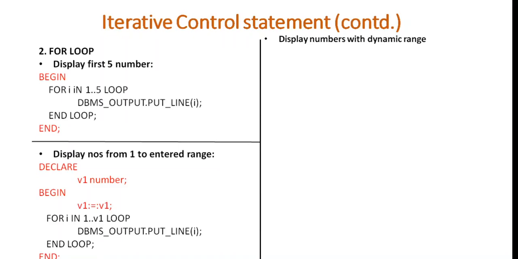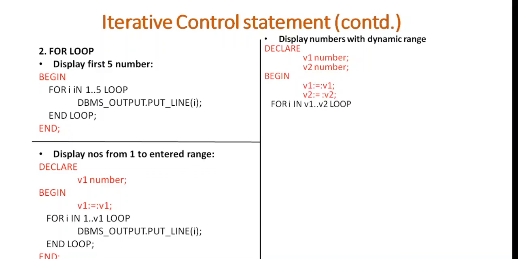Now let's see another FOR loop for displaying numbers with a dynamic range. Now here we are reading a lower bound from the user and we are also reading an upper bound from the user. So two variables are declared, v1 and v2, and we are reading the values of both variables in the BEGIN section. So v1 will be our lower bound and v2 will be the upper bound.